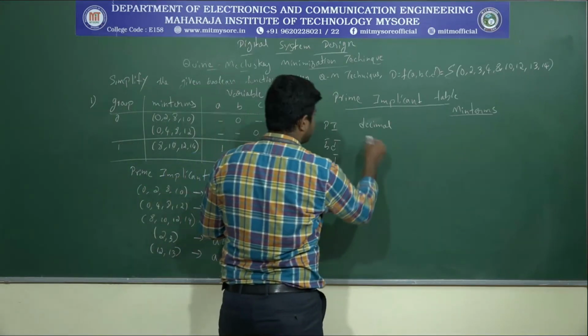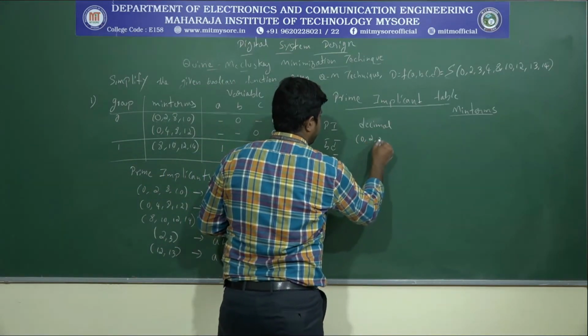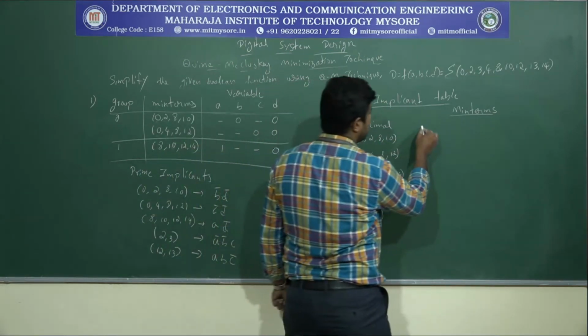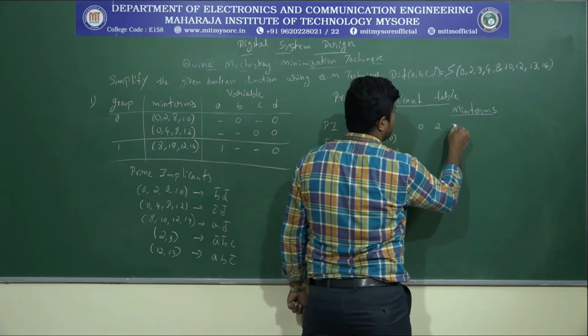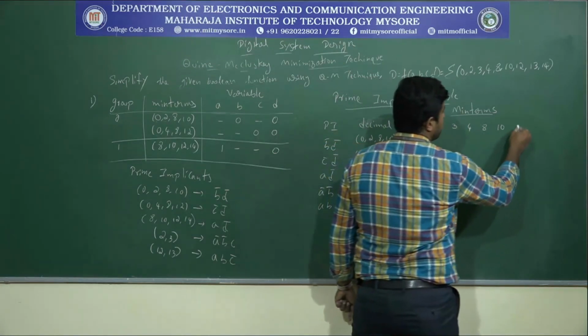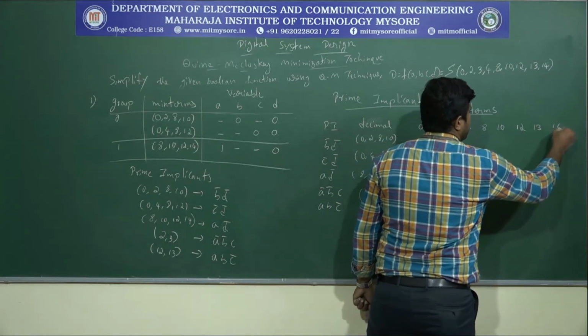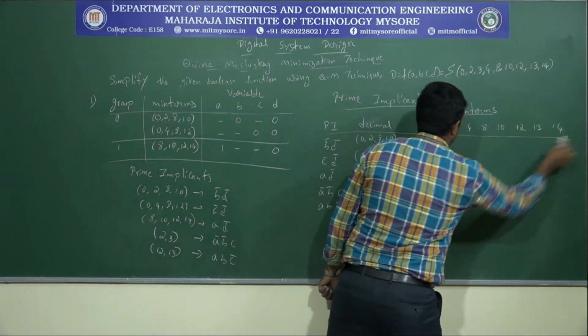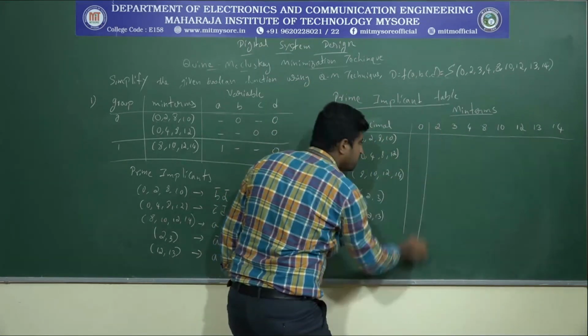Which are the decimal values? 0, 2, 8, 10. Okay. So the given min terms are 0, 2, 3, 4, 8, 10, 12, 13, 14. So let's have the table.